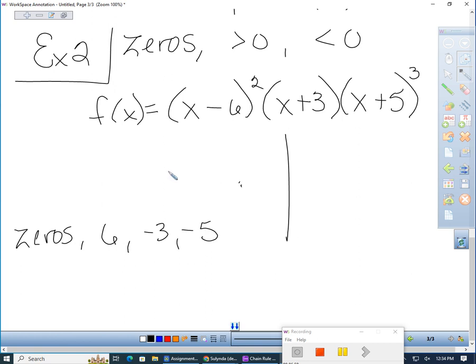On my graph, at negative 3, I have a 0, and at negative 5, I have a 0. And at 6, 1, 2, 3, 4, 5, 6. Now, this technically is to the 6th power, right? So it technically turns 5 times. We know that it has the end behavior of a positive even, so the ends are both up.